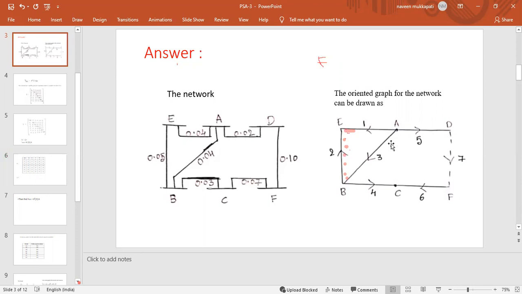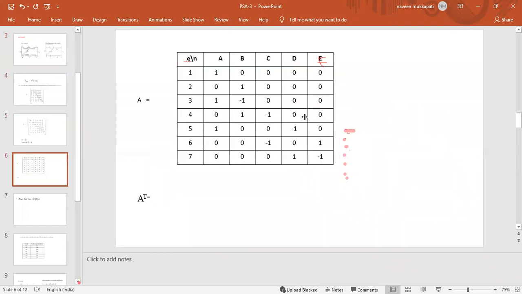In A it is 0, C is 0, F is 0, D is 0. In B, element 2 is away from node B, so we take +1. The remaining are all zeros.